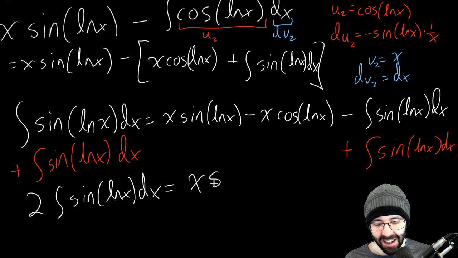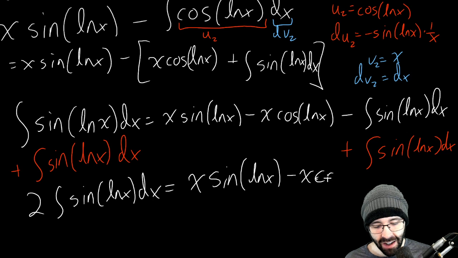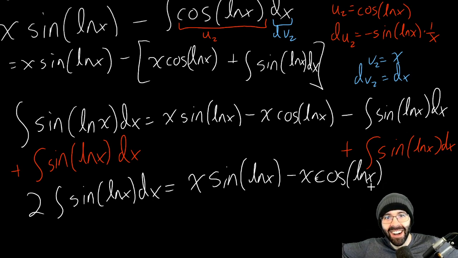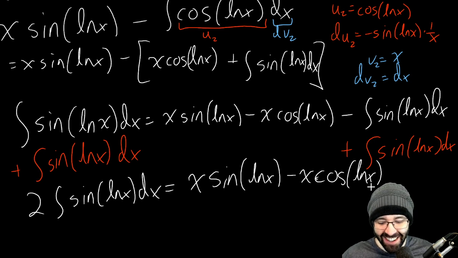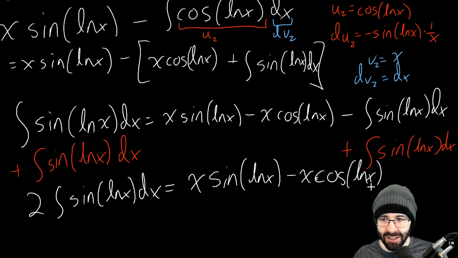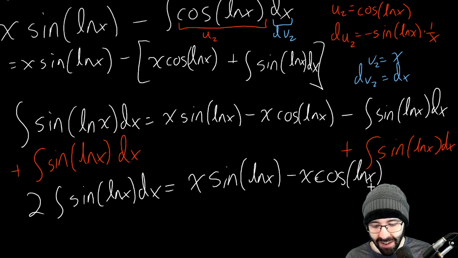And what's our right-hand side? We're done. Almost. Isn't this crazy? We're almost done. We wanted to know what the integral was equal to. Well, we know what two of the integrals equal. Let's just divide both sides by 2.